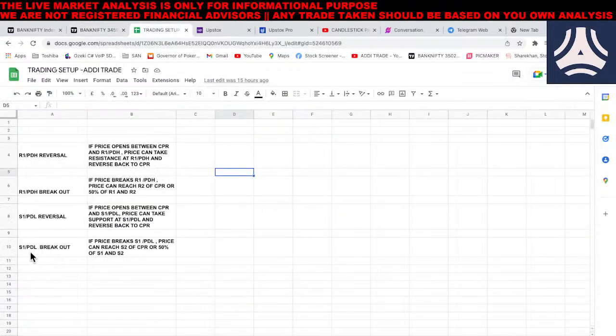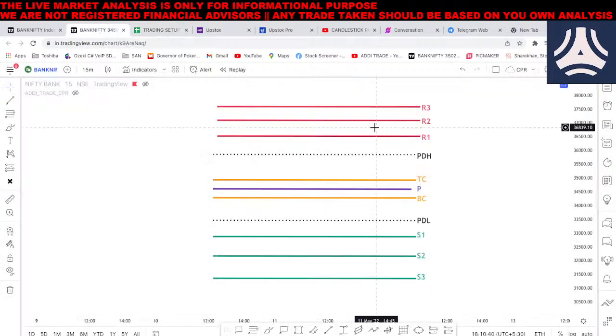And the fourth setup that we have is if the price breaks S1, that is support one, or the previous day low, the price can reach S2 of CPR or 50% of S1 and S2. That's again opposite of the second setup that we saw.